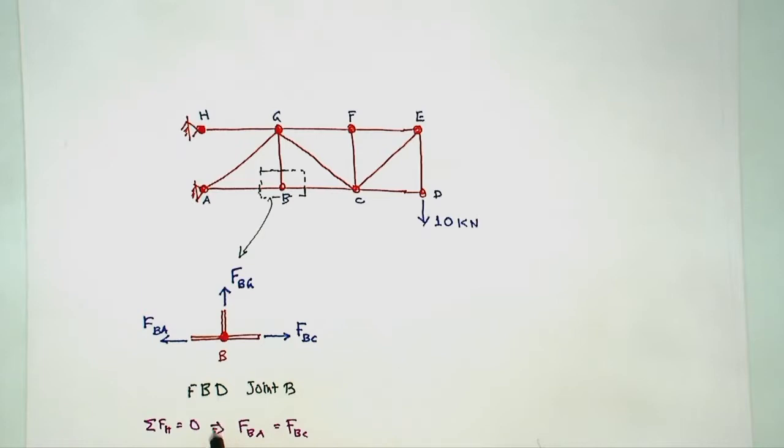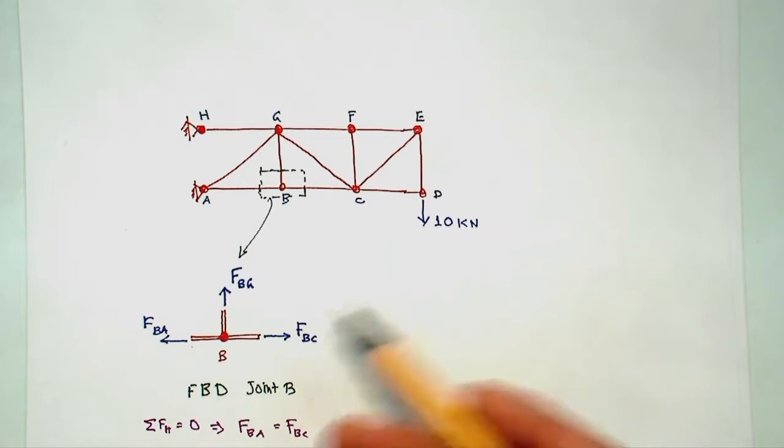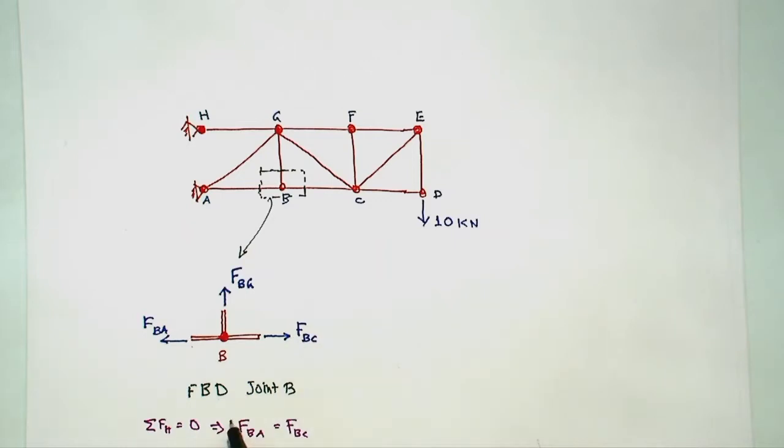Nothing else. I get only the information that these two forces are equal. So if this is plus 10, then this is also plus 10. If this is minus 5, this is also minus 5.